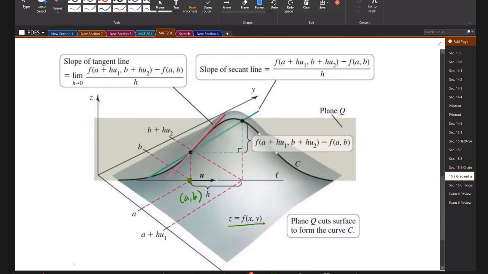But we're looking at the domain value a comma b, that ordered pair in the domain space. Rather than just nudge in the x direction, or just nudge in the y direction, we're going to nudge in some direction u, for a unit vector u here, and ask, if we move in that direction, how do our z values change on our surface?